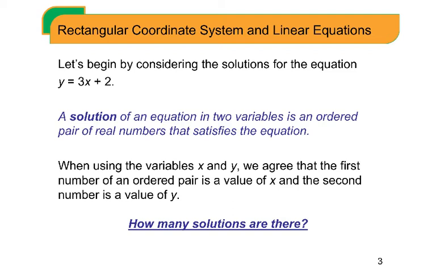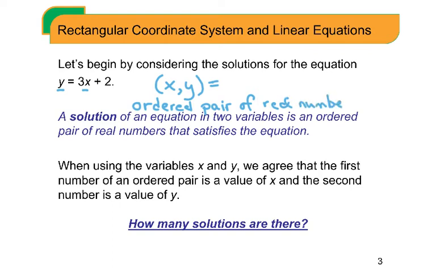Notice now we have two variables. Up until now, we've only had one variable. Now we have two. So a solution to this equation needs to contain two numbers, one for x and one for y. So we call this an ordered pair because it's a pair of numbers, real numbers, and it has an order to it.